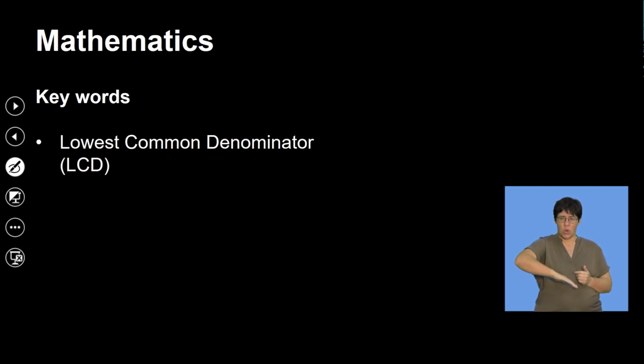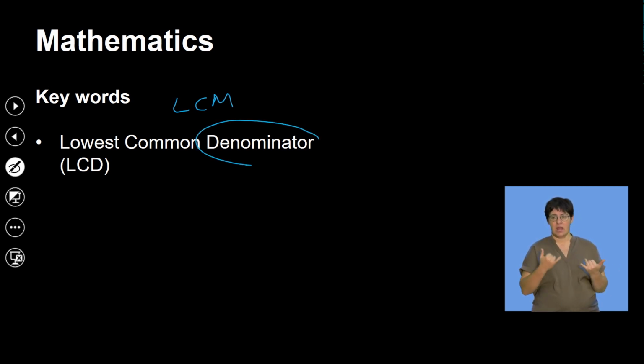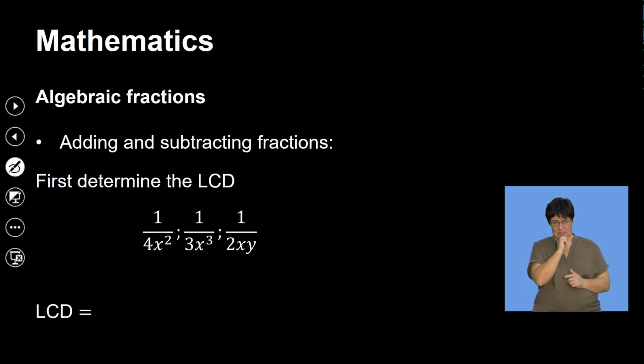I know you guys started doing this as an LCM, which was lowest common multiple. Now we're going to call it the lowest common denominator, which makes it a bit easier to use in terms of fractions. Now when adding and subtracting fractions, first you need to determine the LCD.